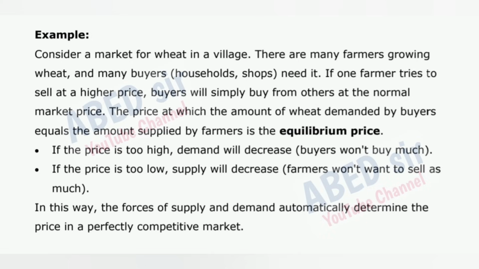If the price is too high, demand will decrease, buyers won't buy much. If the price is too low, supply will decrease, farmers won't want to sell as much. In this way, the forces of supply and demand automatically determine the price in a perfectly competitive market.